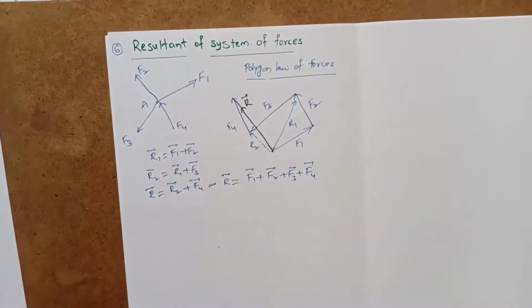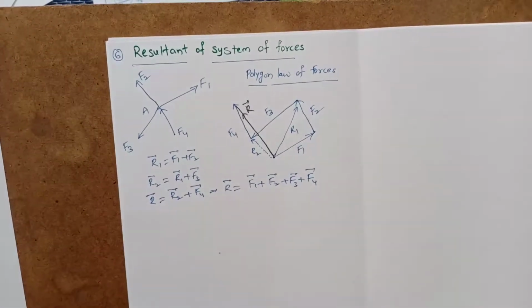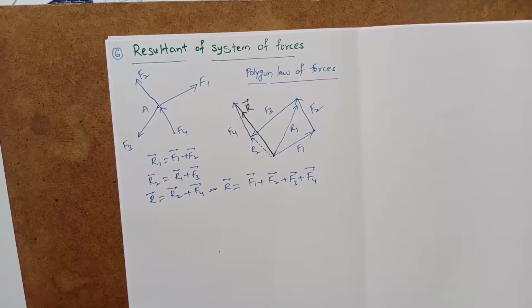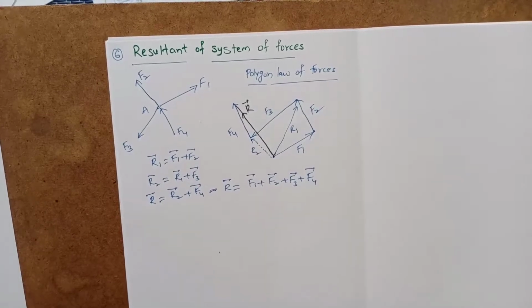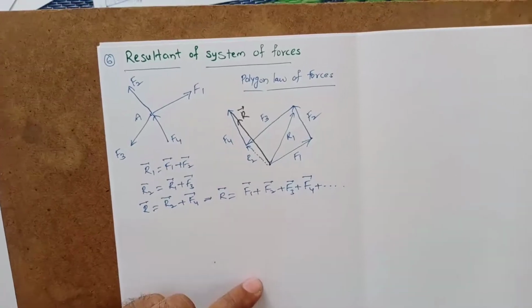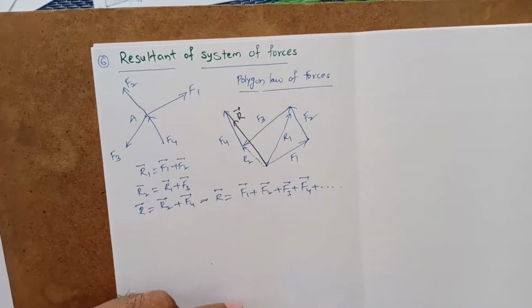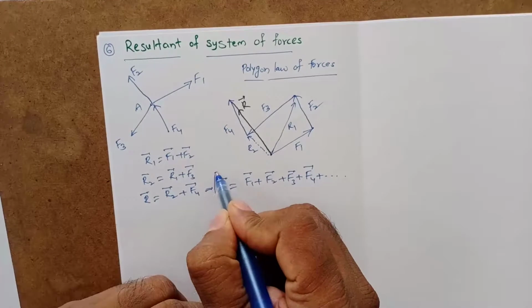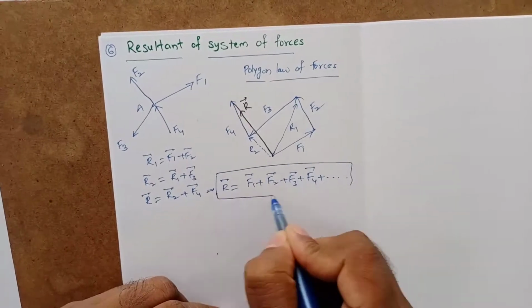So the resultant force is nothing but the vector addition of the forces. R bar is equal to F1 plus F2 plus F3 plus F4 bar. If there are more forces, you get more terms in this addition. So this is the general formula for finding the resultant of a system of forces.